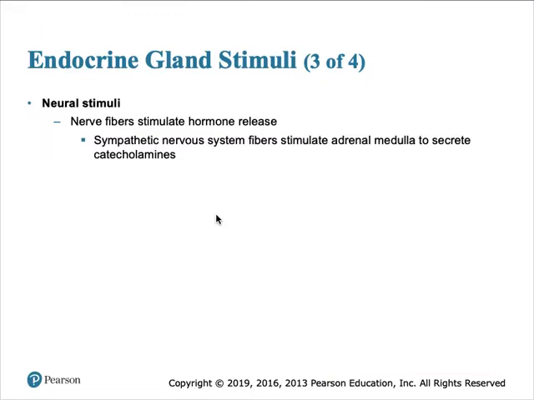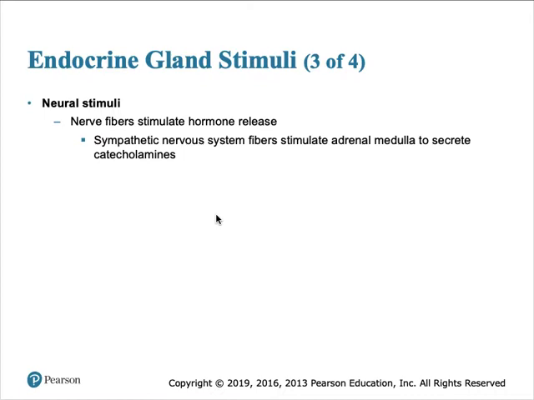In the case of neural stimulation, the nerve fibers directly stimulate the hormone release. It's kind of like when a nerve stimulates a muscle, same idea here. Instead, the nerve is going to stimulate an endocrine gland, and the result is it releases a hormone instead of contracting. The sympathetic nervous system is responsible for doing this.